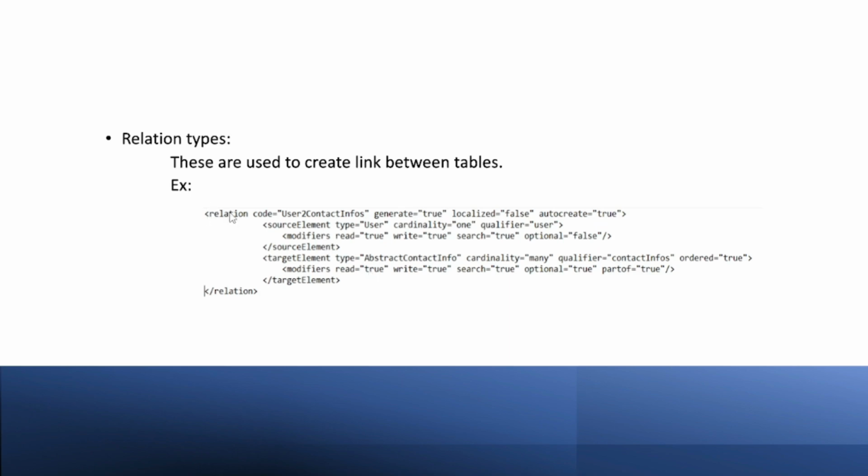We will use code for the table name, what would be the name of that table, like user to contact info which we are using here. Generate is equal to true, and whether we want to localize or not, and autocreate equal to true. So it will generate our table and set getters. And here the source element and target element will be there, which two tables we want to link. So here we are using source as the user table.